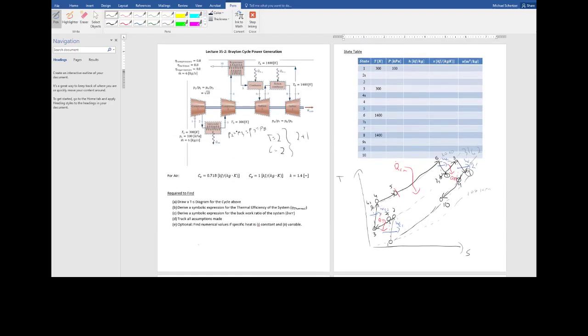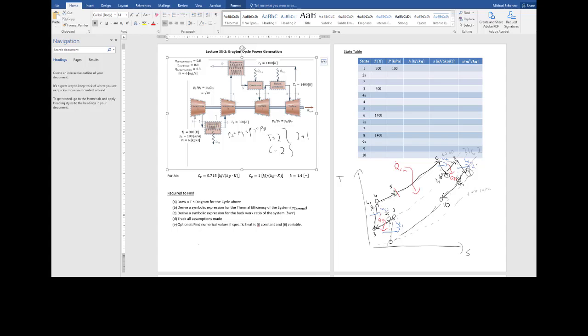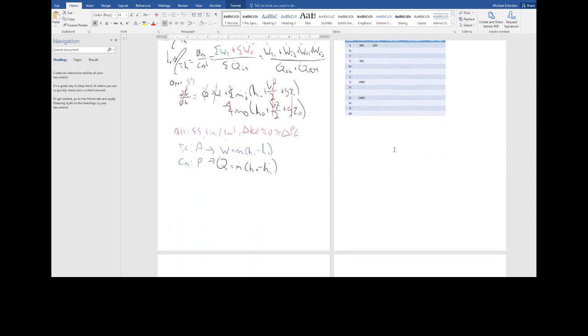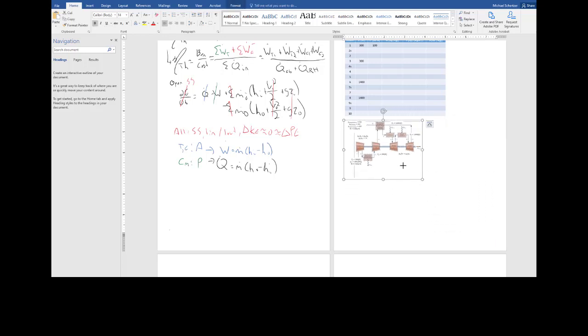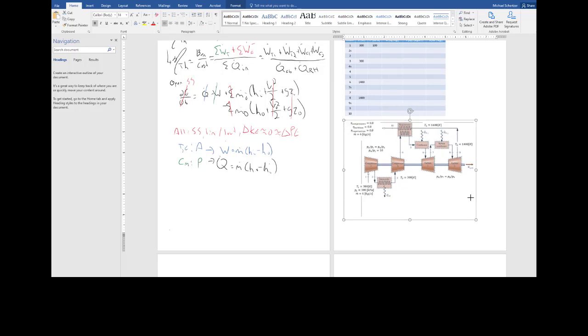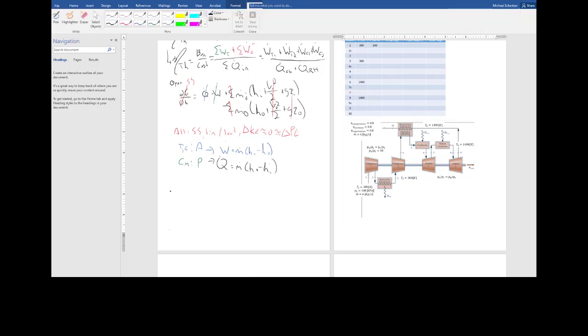Now I'm going to sneak this picture down over here so I can just remember what state numbers go where. So when I talk about my thermal efficiency, the first turbine goes from state 6 to state 7.